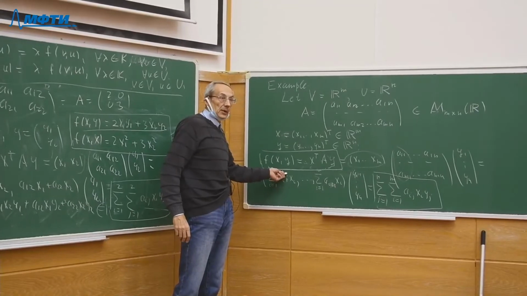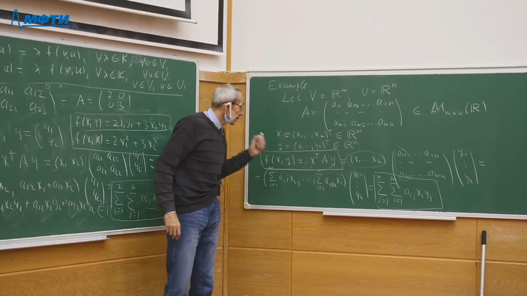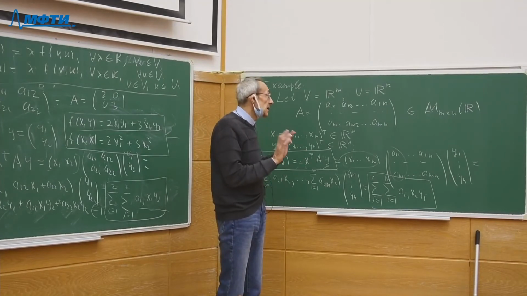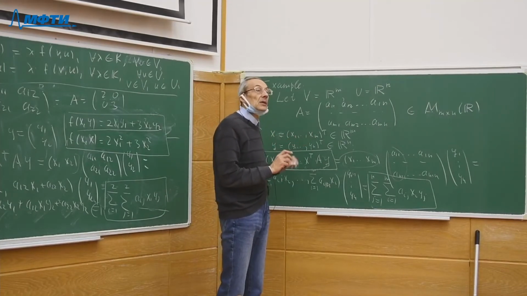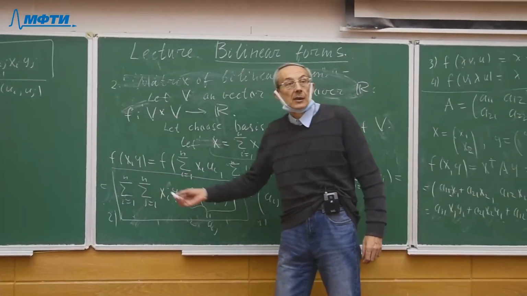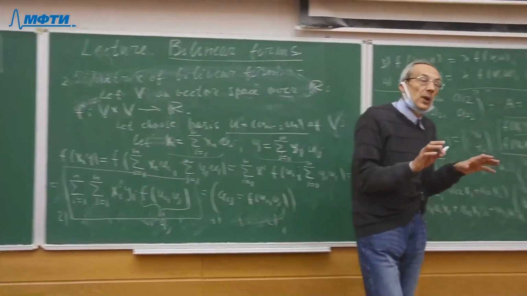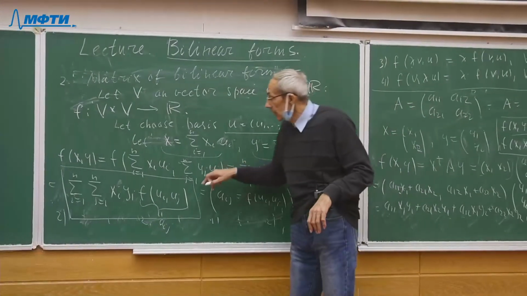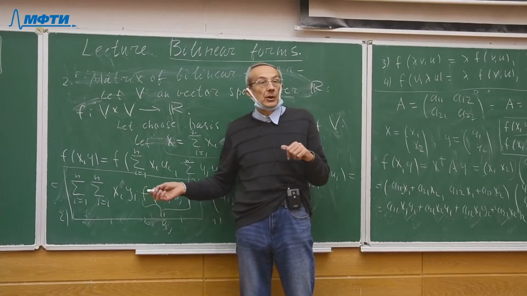And I obtain the same formula as in this example. But in this example, we have some fixed matrix A, which defines this bilinear form. But in our reasoning, we start with an arbitrary bilinear form. And from this bilinear form, we obtain the same presentation.